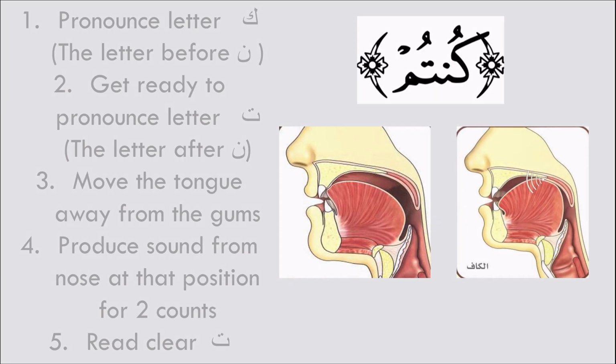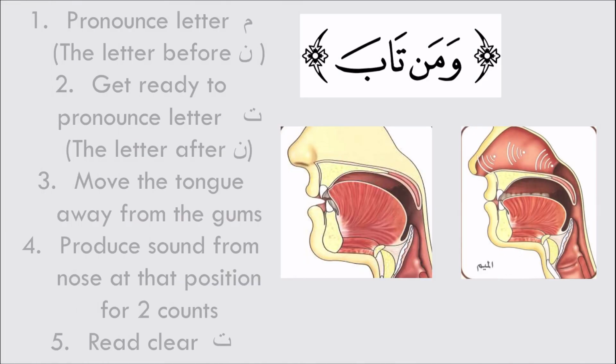Kuntum. Next example, if we have letter Noon and the letter of Ikhfaa located between two different words. So Noon Sukun is in one word, Ta is in another word. We mentioned that we have three elements we need to take care of: the letter before Noon, the letter Noon itself, and the letter after Noon. So we are going to get ready from the Mim to the Ta, as we are going to read Mat, Mat. No, we're not going to read Mangt.